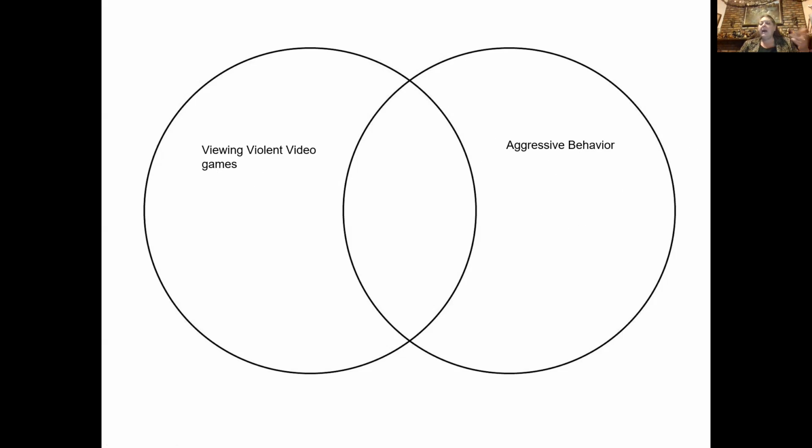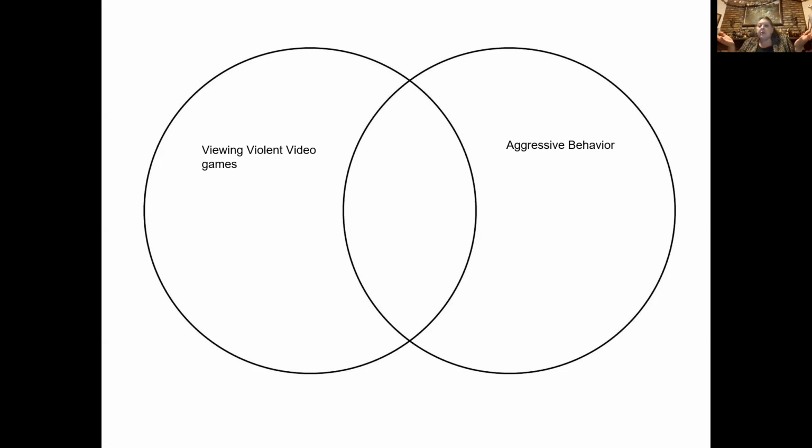So it could be either way. So we don't know what direction this relationship is going. We know there's a relationship, but we don't understand what the relationship is. We can say that it's a positive correlation that has been seen in research. Violent video game viewing goes up, aggression goes up.